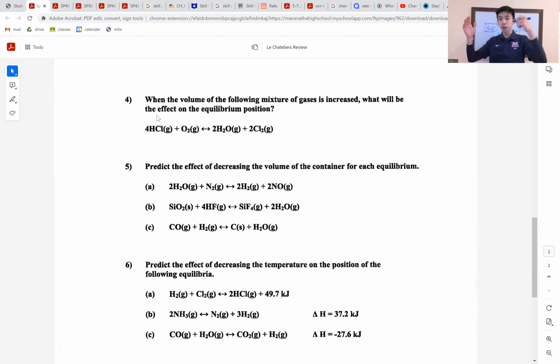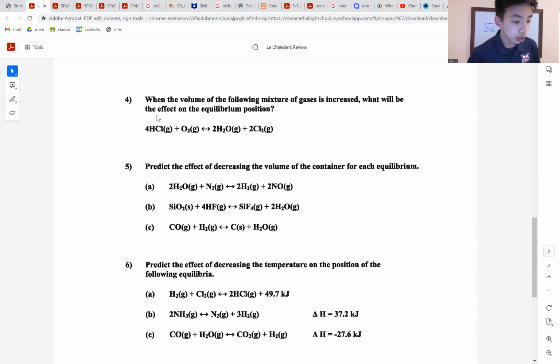It'll take longer for one to get to the other side. And so when you increase the volume, the pressure goes down. And so to compensate, by Le Chatelier, it will go to the side with more moles of gas for more pressure. So if you add more volume, it will go to the side with more moles.